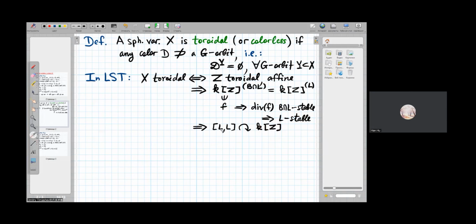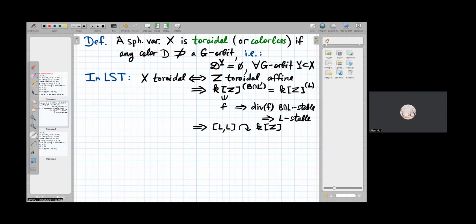This means that the derived subgroup acts trivially because this subgroup has to act on each one-dimensional summand by a character. But there are no non-vanishing characters on this derived subgroup. Every character takes identically the value 1 on the derived subgroup. So the derived subgroup acts trivially on the coordinate algebra of Z.